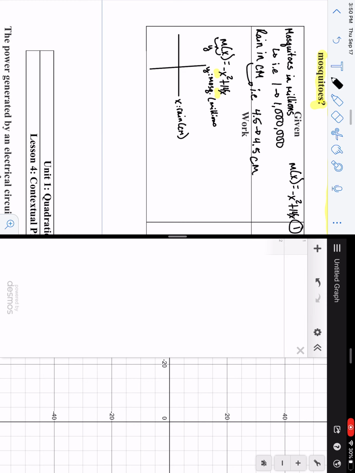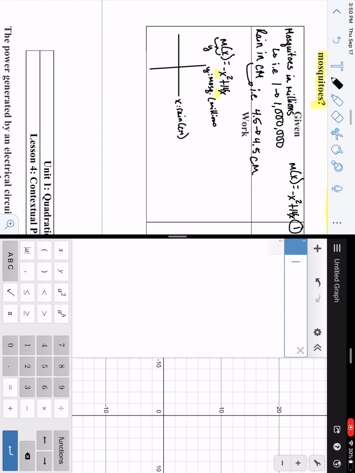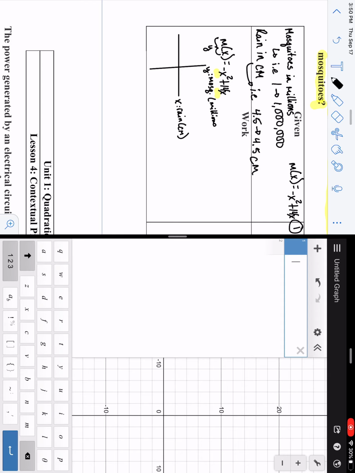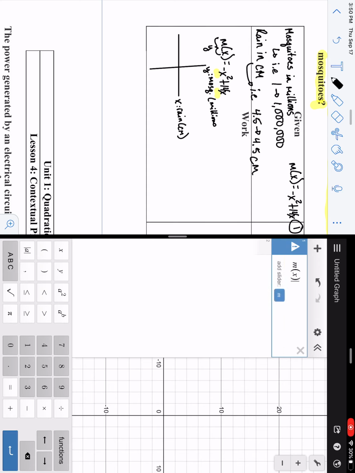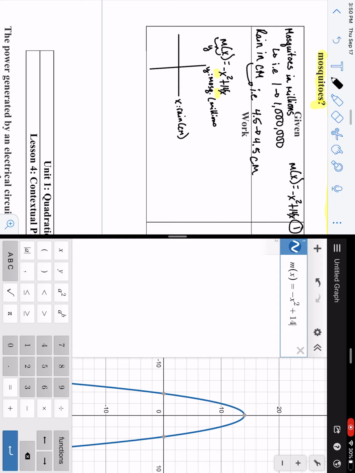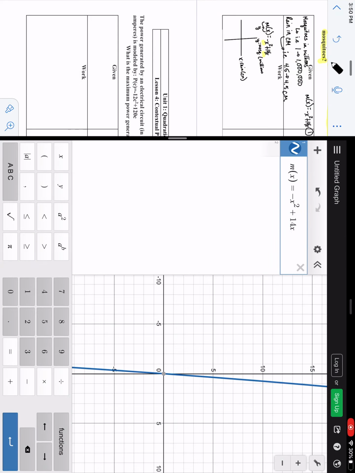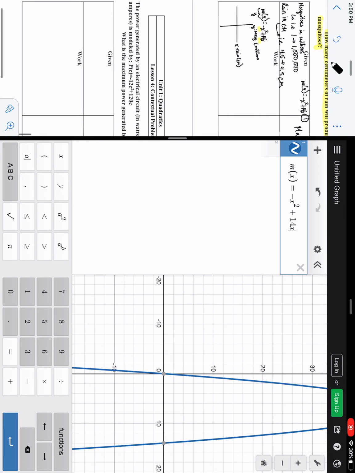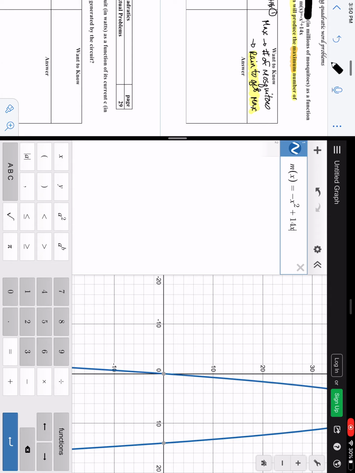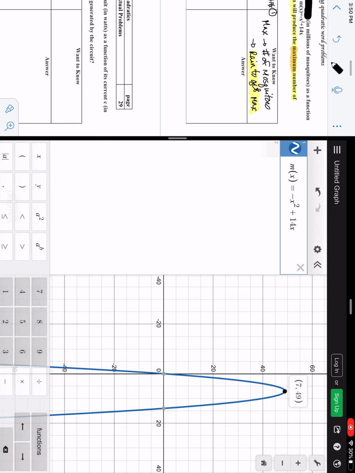All right, so I have my function m of x, negative x squared plus 14x. Now I need to zoom out until I can see my max value. Well, there's my max value.